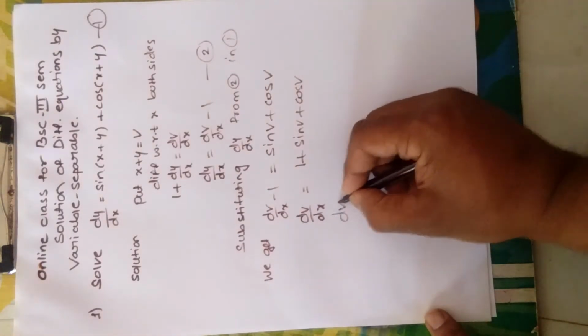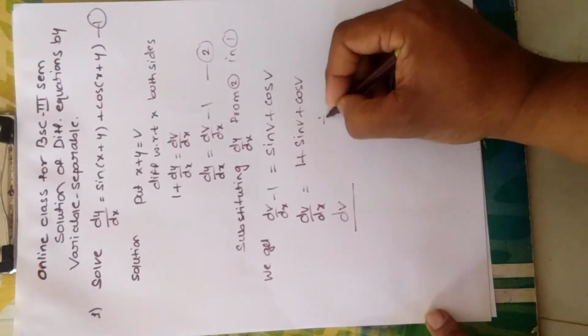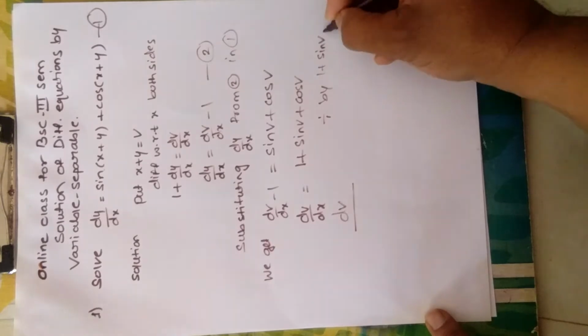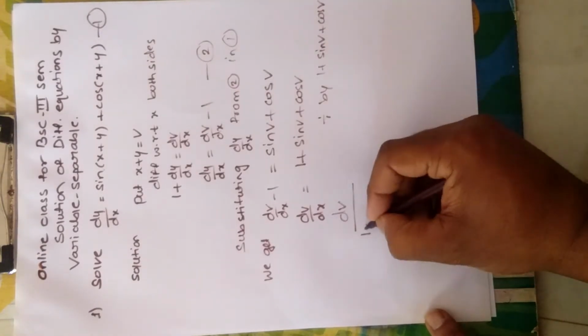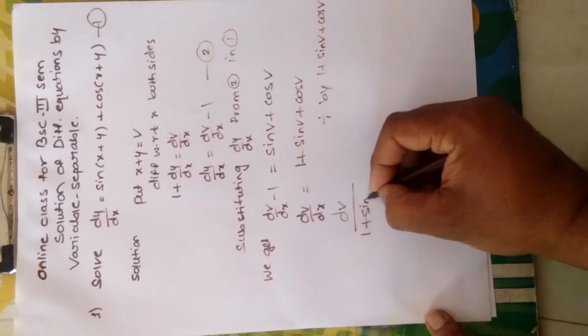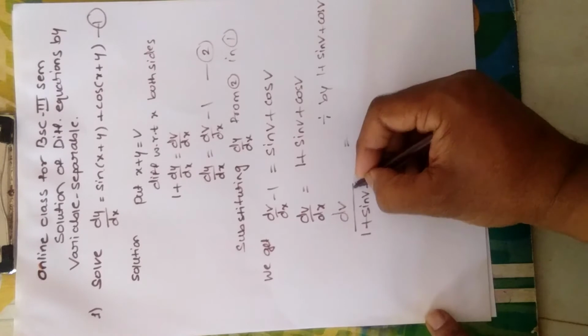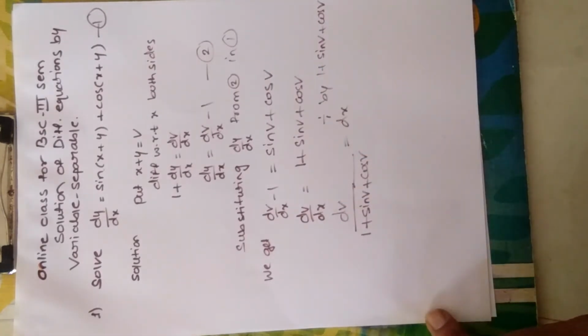So dv divided by, now dividing throughout by 1 + sin v + cos v, is equal to, now cross multiplying, dx, right?